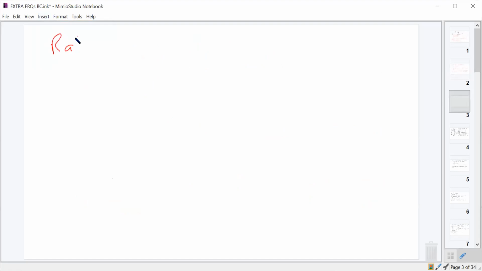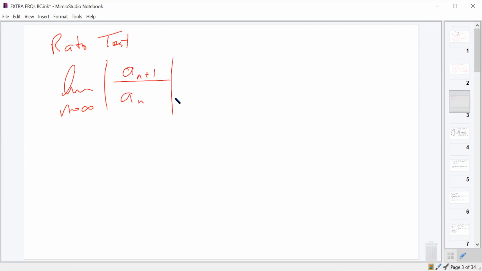All right, our ratio test. A ratio test is going to tell you what the interval of convergence for some function is, or whether it converges or not, for some series. So the ratio test says take the limit as n approaches infinity of the absolute value of the n plus first term over the nth term.